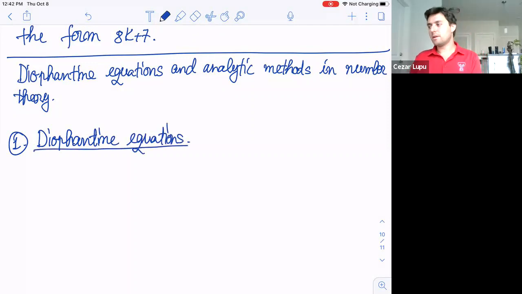Okay, and here, there are a bunch of methods on how to solve Diophantine equations, plenty of them.